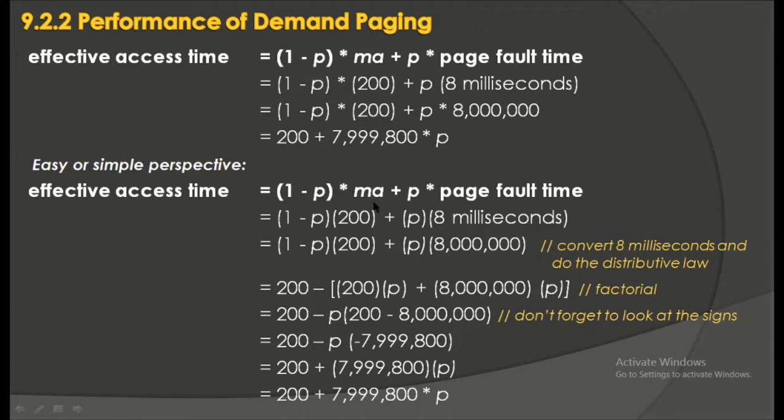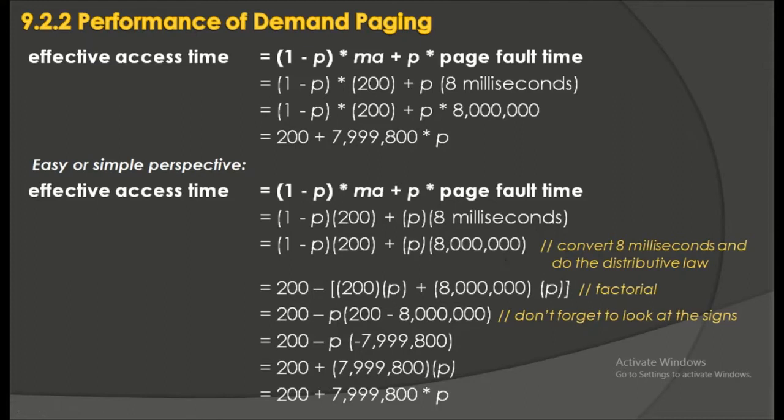In factoring, we pick out the p inside of the bracket and leave 200 plus 8 million. Then the result is this, where we can subtract 200 minus 8 million.